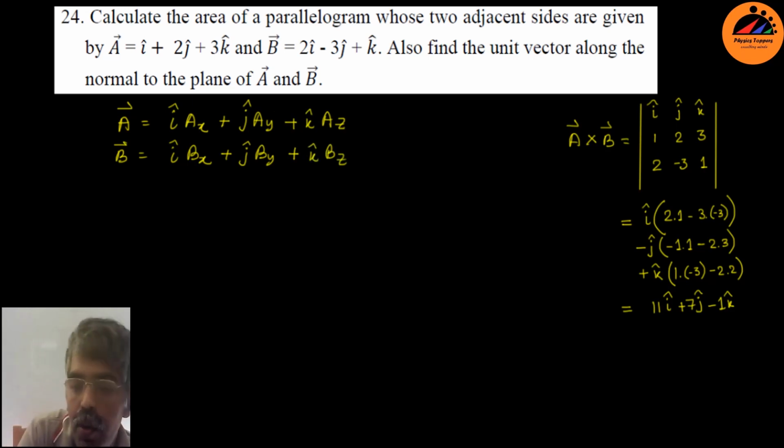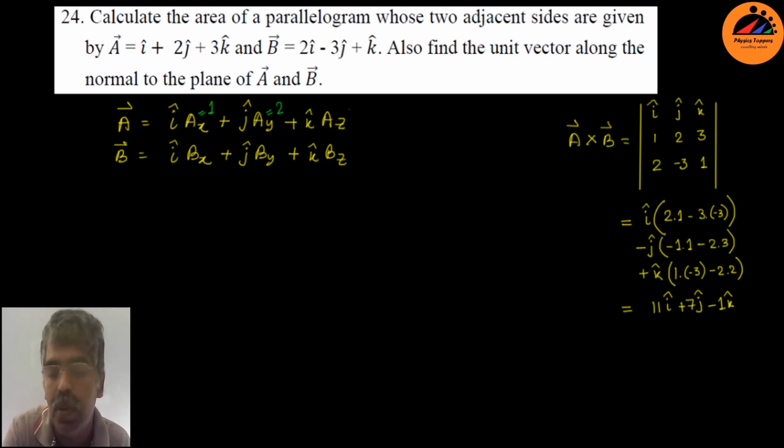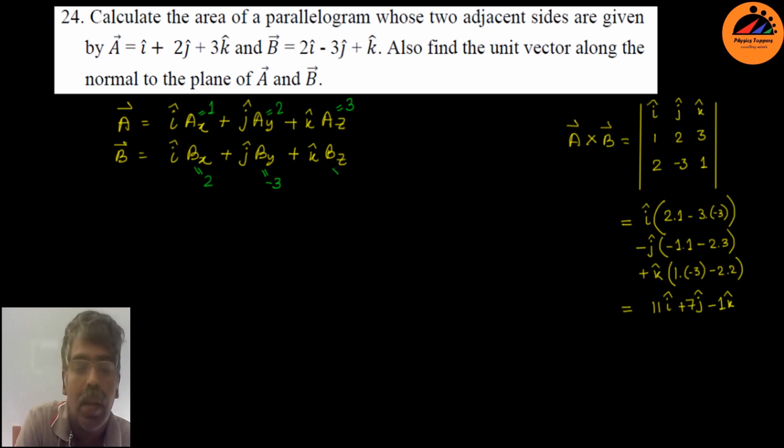Here you can easily see that AX is 1, AY is 2, and AZ is 3, and BX is 2, BY is minus 3, and BZ is 1. And I have just represented this in this determinant. You check this determinant, follow this. See, 1, 2, 3, AX, AY, AZ, and this third row is 2, minus 3, 1, right?